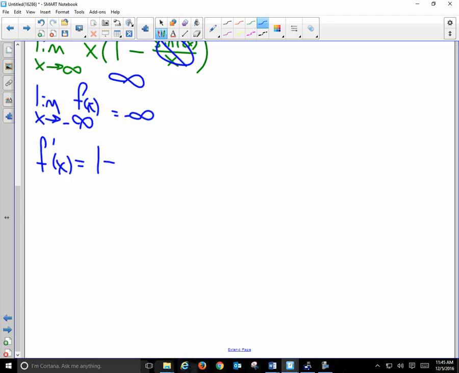Derivative of the inside is 2. Derivative of the outside is cosine with the inside left alone. Now, part of what I'm going to do here is consider this graph. Do you know how to make that graph?